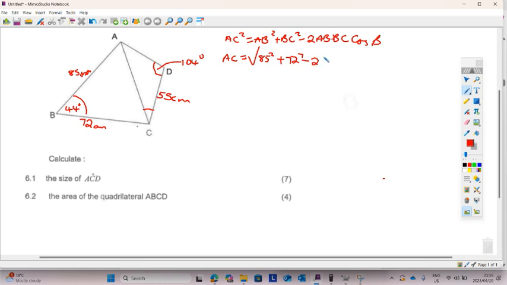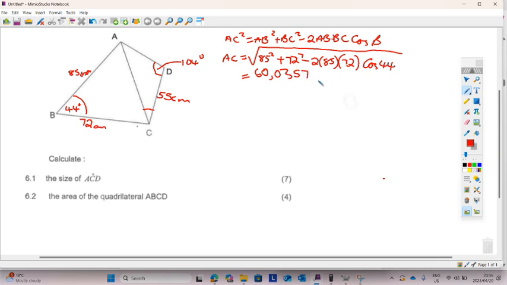squared minus 2 times 85 times 72, and then cos B, which is 44 degrees. This is all under the square root, and then on a calculator this is going to be 60.0357.